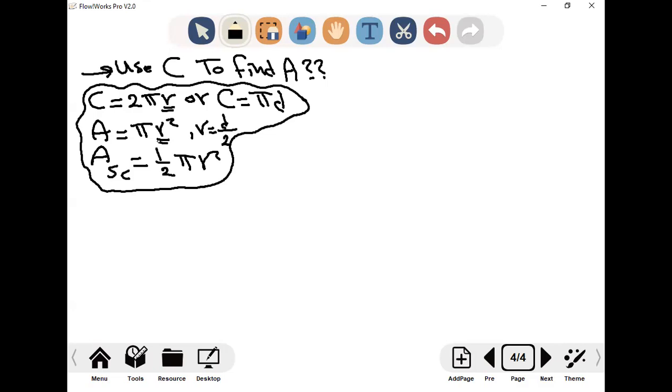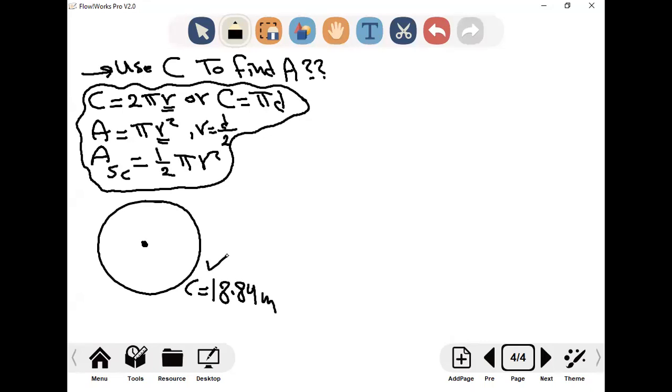See it? We have this circle with the center, and the given is what upon it? C equals 18.84 meter.